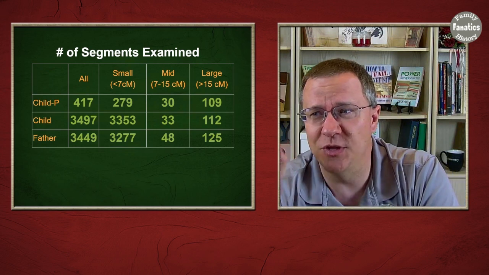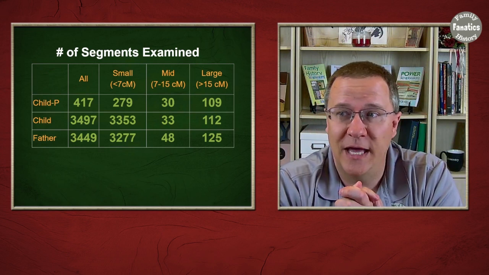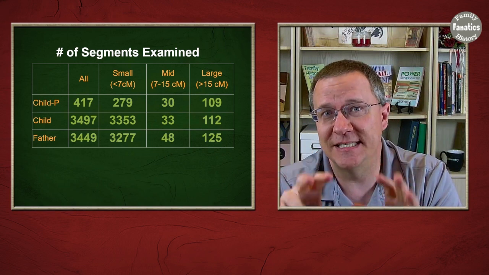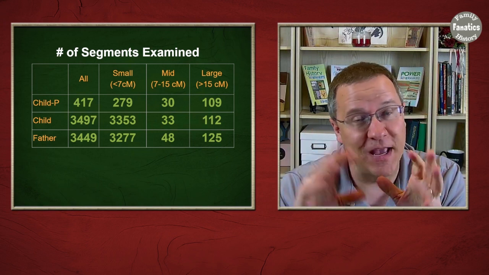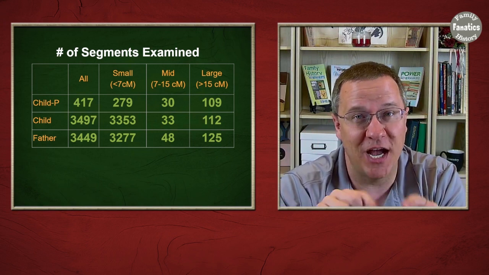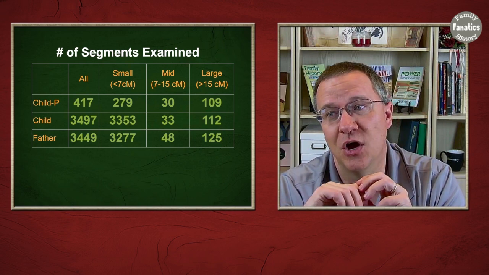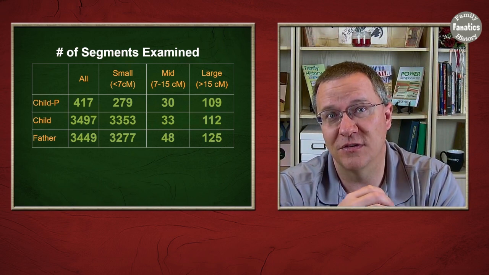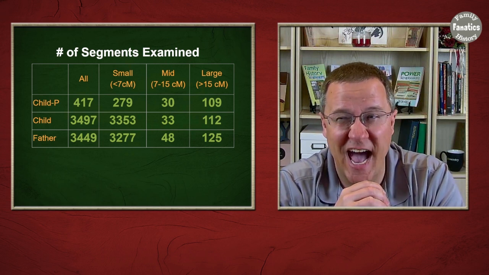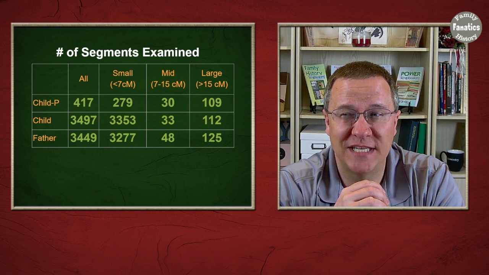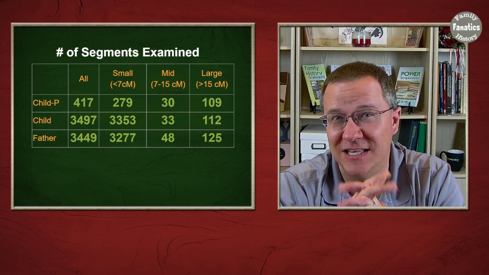So when it comes to the number of segments examined, the phased child had 417 segments over these 102 people. Now, if you'll notice, the child and the father had almost 3,500 segments over these 102 matches. So that's almost 10 times, 9.5 times as many matches as the phased child.